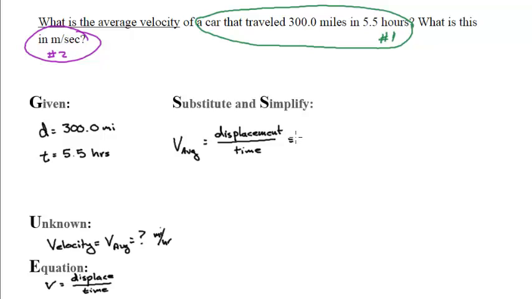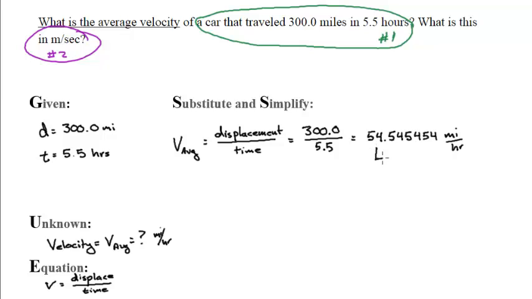And so now when I replace numbers for words, it's going to be 300.0 over 5.5. When I do this math, I get 54.5454454, and so on and so on, miles per hour.